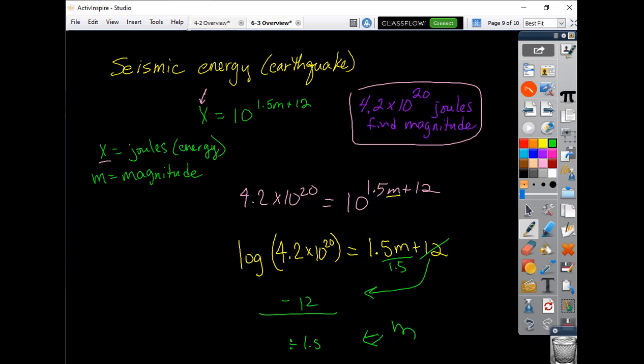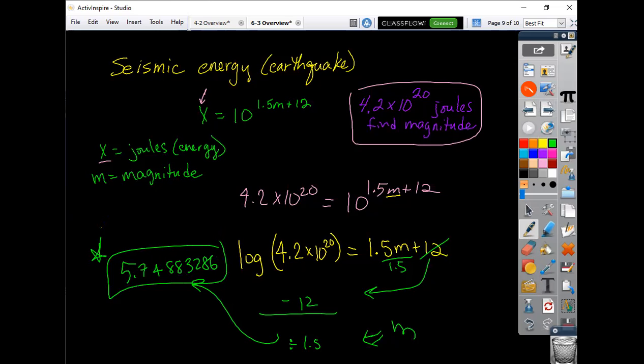Subtract my 12, enter. Divide by 1.5, enter. 5.7 4883286. Final answer, locking it in. And that is all there is for our introduction to logarithms.